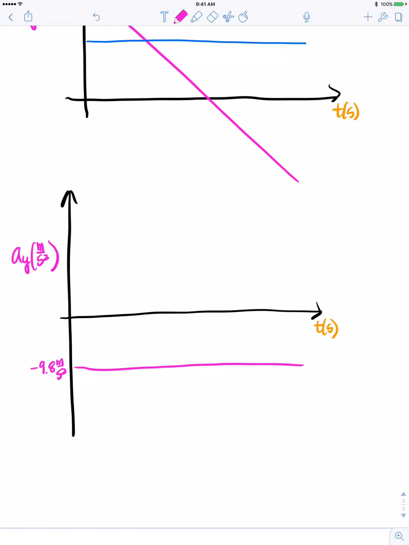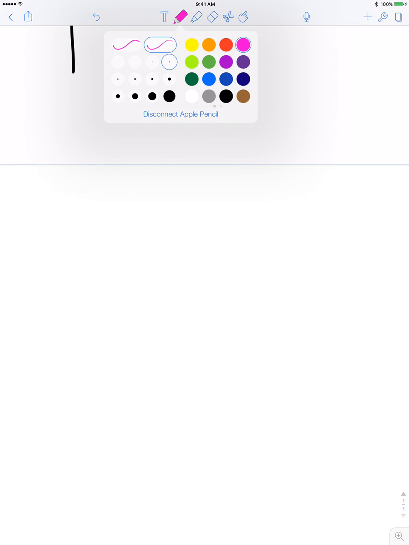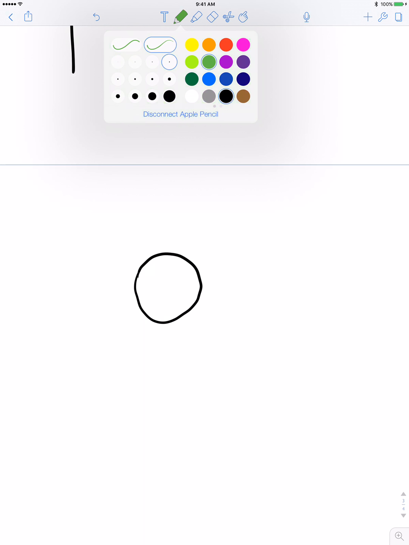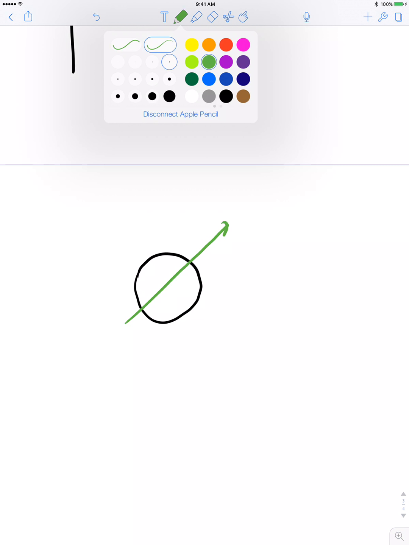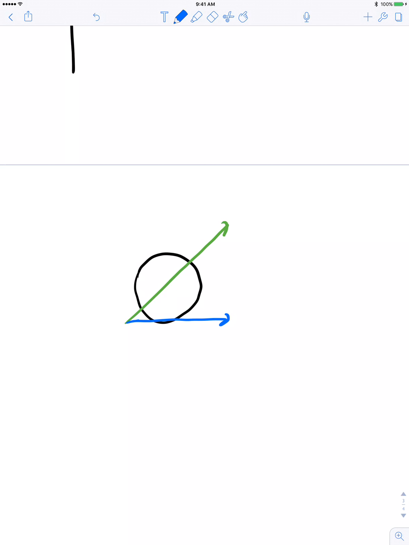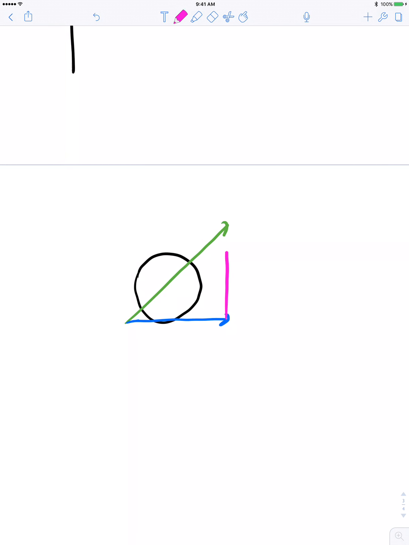Now for those of you that haven't had trig yet, I don't want you to be intimidated about the math that is going to come when we start to talk more in depth about vectors. Because as you can see here, if this is our projectile, and this is the vector that represents its velocity, we have again our horizontal component and our vertical component.